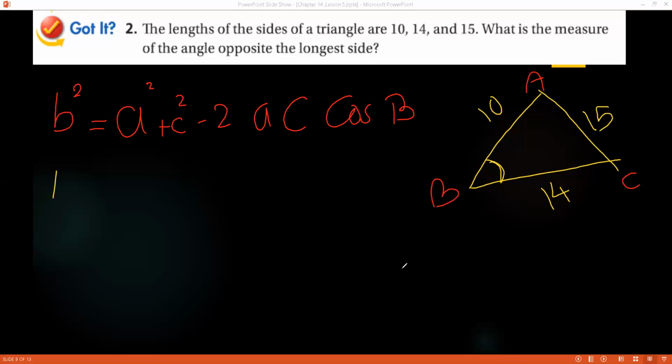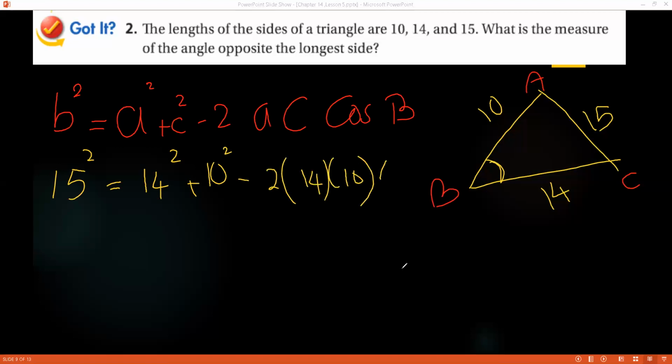B is 15, A is 14, and C is 10. Minus 2 times 14 times 10 times cosine the angle between them.